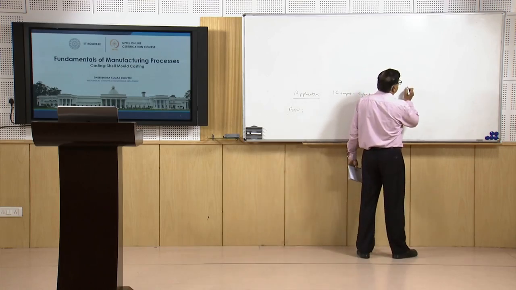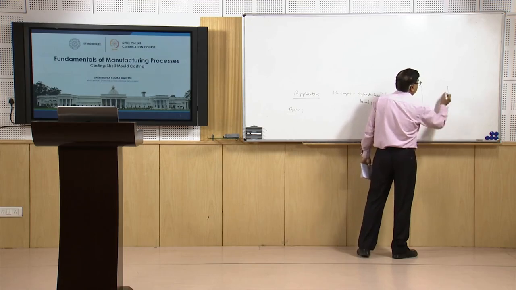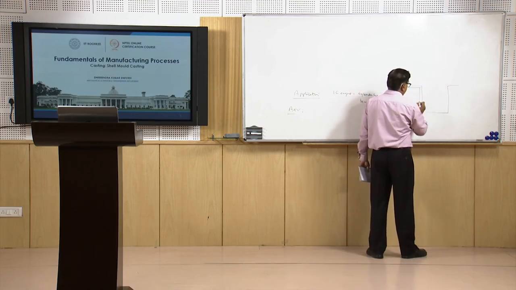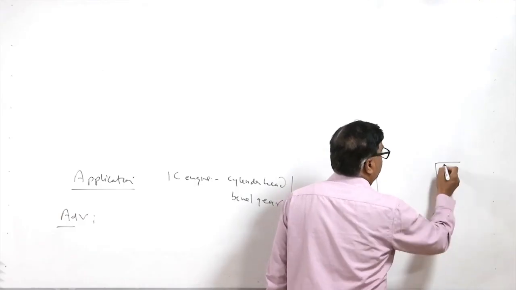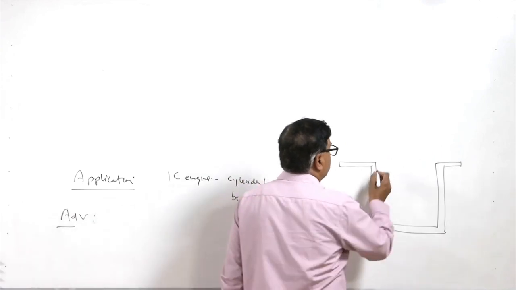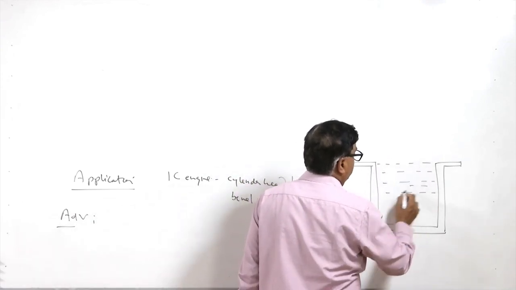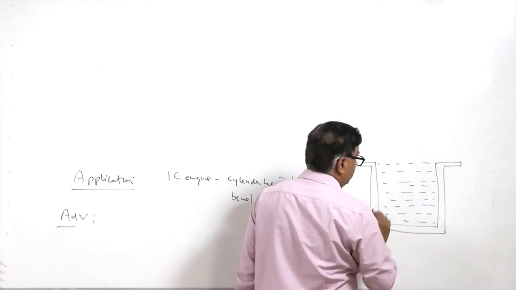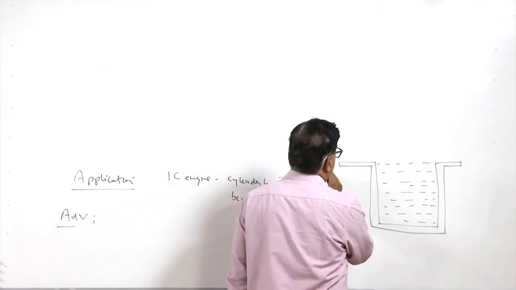But we need to consider one point: since the shell is of limited thickness, say 5 mm, 6 mm or 8 mm, it basically provides the shape to the mold, but it may not be able to handle the pressure of the molten metal. So, suitable support systems are used.